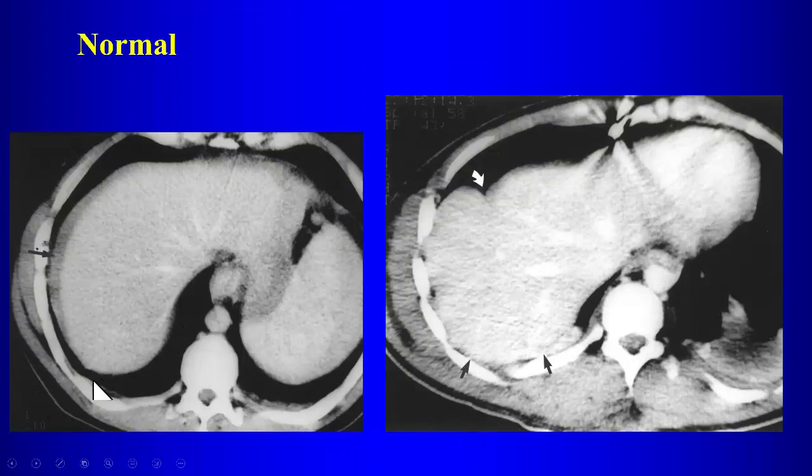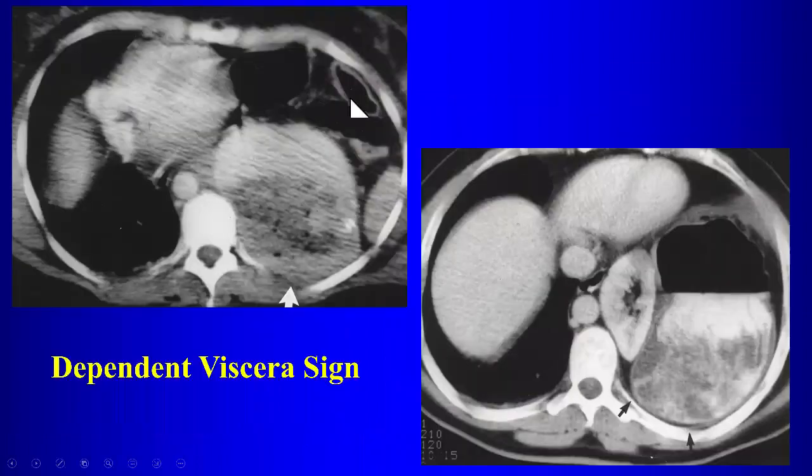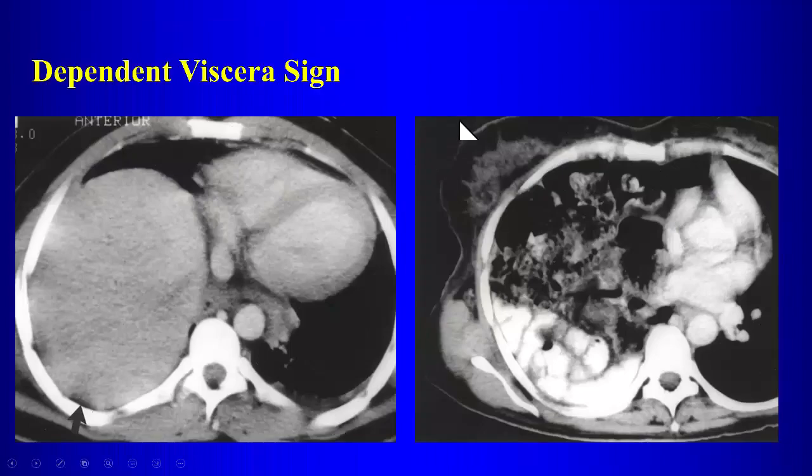Usually there's a little bit of air between the liver and the spleen, but if there's diaphragmatic injury, you can get what's called a dependent viscera. So the stomach even kind of drops back posteriorly. So in the axial images, the dependent viscera sign can be a sign of diaphragmatic injury. But now look at your coronal and sagittal views, another example of the injuries, bowel up here in the chest.